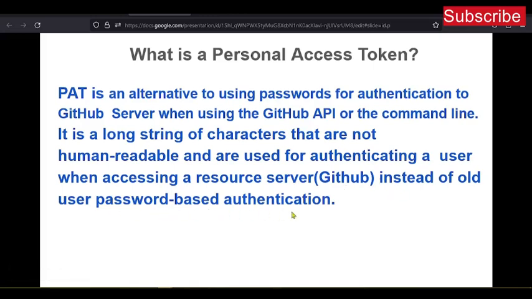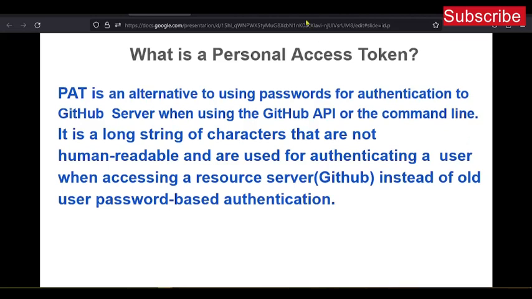I think this is self-explanatory. So it's a password or a token that you use to access the GitHub server, or you get for authenticating the user when trying to access a GitHub server.